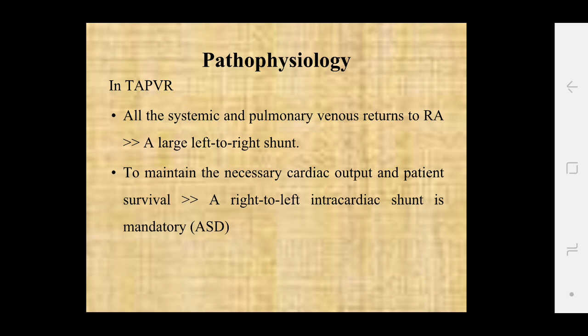If this patient has a restrictive PFO or small ASD that is not sufficient to maintain the cardiac output, the patient is eligible for urgent septostomy, like in cases of transposition of the great arteries. The indication here is to maintain the cardiac output, but in transposition of the great arteries, the indication is to improve the mixing and the systemic arterial oxygen saturation.